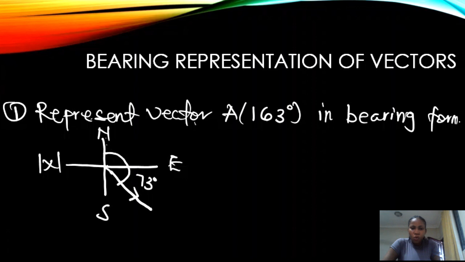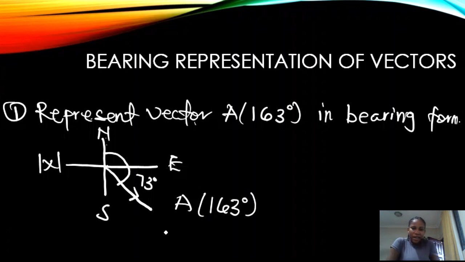So in this bearing form, we won't write the whole 163 inside. That's not how we do it. Just know that from here to here is already 90 degrees. So we just add the angle, 73, to get our 163 degrees. So you just say vector A, 163 degrees.